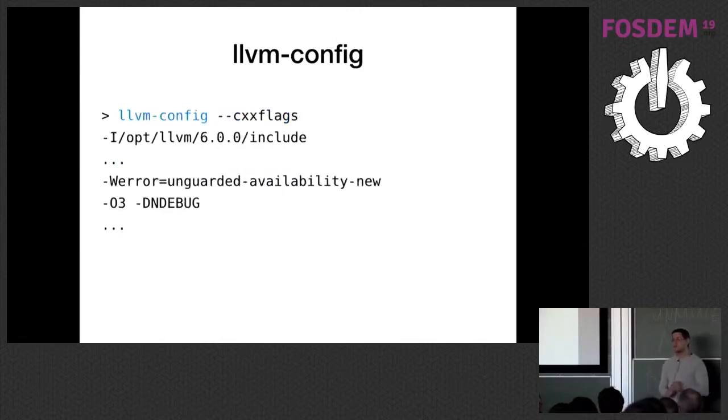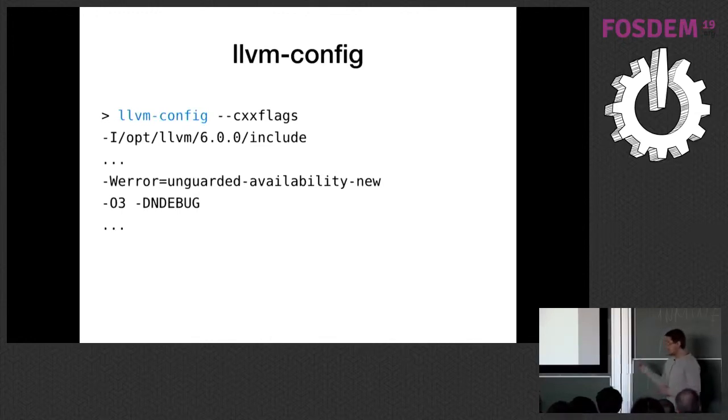These are likely not the flags you want, but the flags that LLVM was compiled with. Here is just a part of it as an example. The include dirs, obviously you need. But for example, this -Werror, I think it won't compile with GCC because it's some Clang-specific thing, and it may also not compile with older versions of Clang.